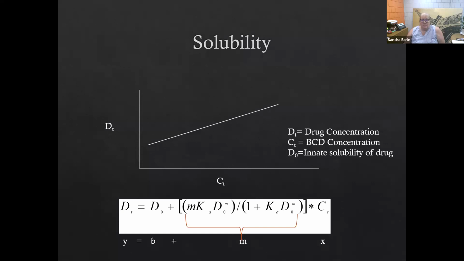But we know that the x is the concentration of beta cyclodextrin, and the y is the concentration of drug, and the intercept is the innate solubility, and then we have this relationship here. So we can put in any particular concentration of drug or concentration of beta-cyclodextrin, and as long as we know the innate solubility and the slope of the line, we can figure out the other, either the drug concentration or the beta-cyclodextrin concentration that we need. So you can see that this is a powerful tool.